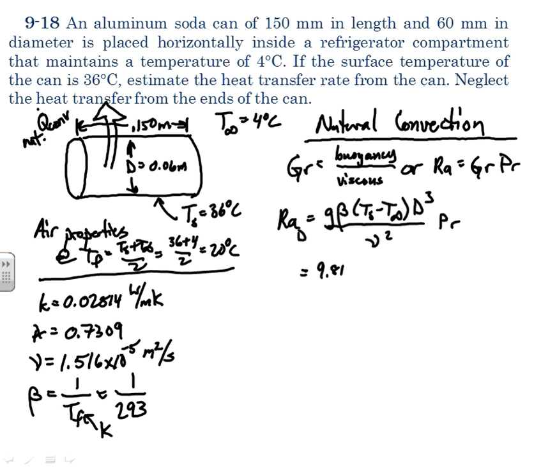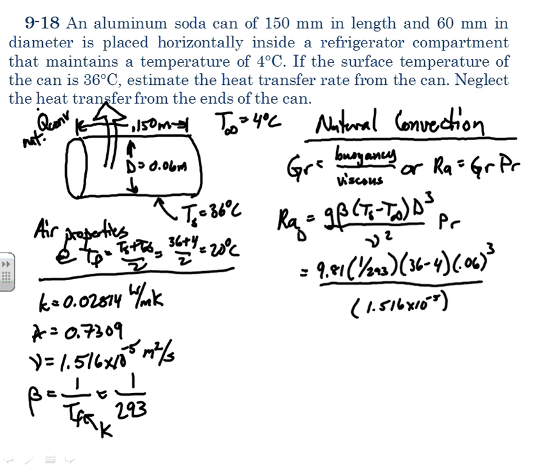So that's 9.81, beta 1 over 293, times Ts 36 minus T infinity 4, times the diameter 0.06 cubed, divided by kinematic viscosity squared, that's 1.516 times 10 to the minus 5 squared, all multiplied by the Prandtl number, 0.7309.